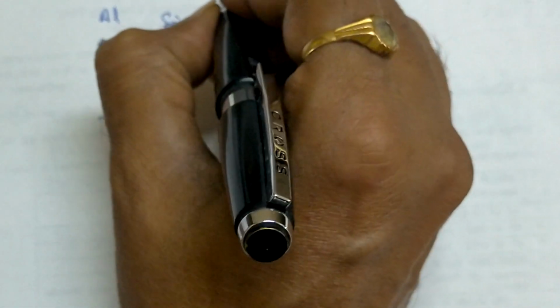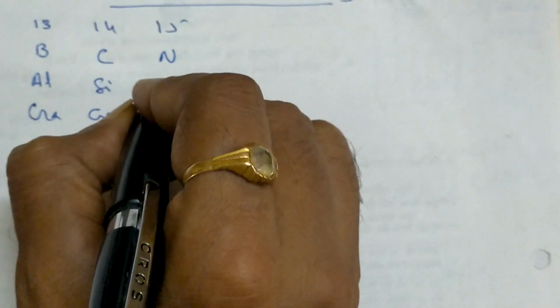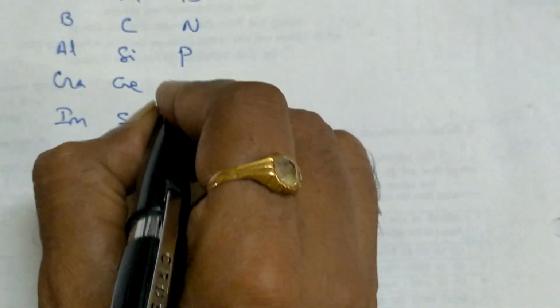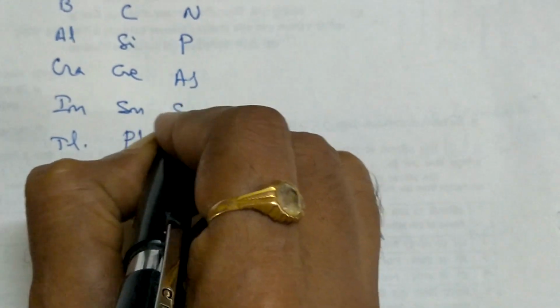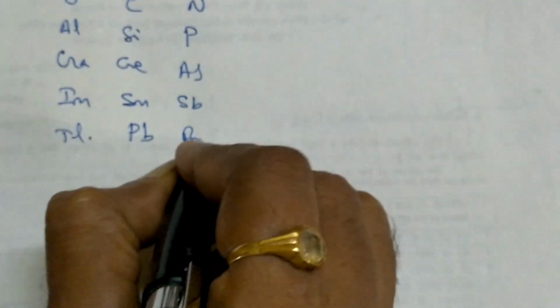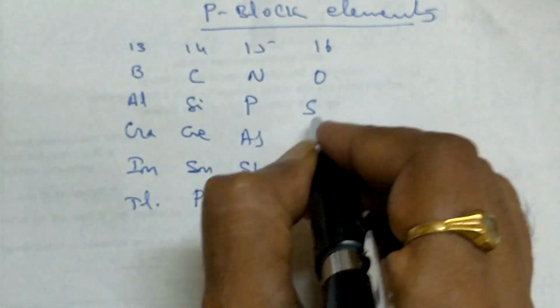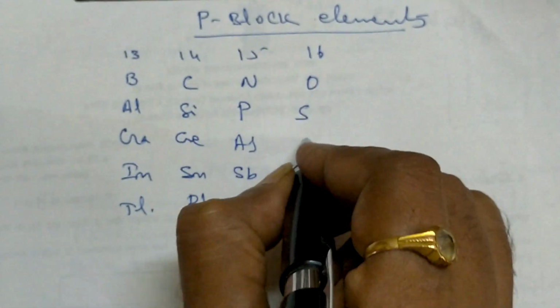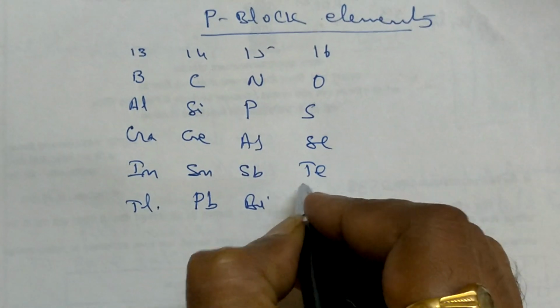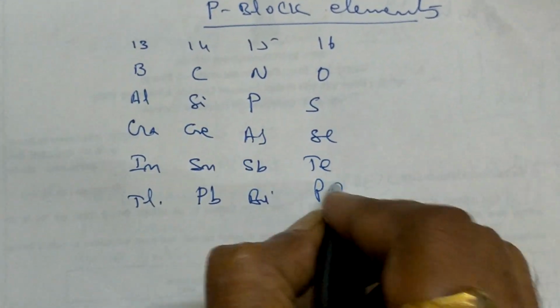Then group 15: nitrogen, phosphorus, arsenic, antimony, bismuth. Then group 16 is oxygen, sulfur, selenium, tellurium, and polonium.